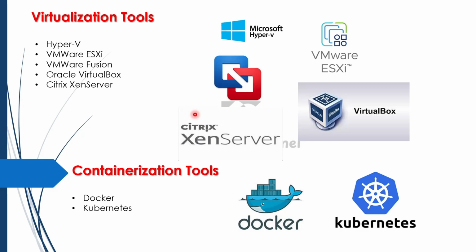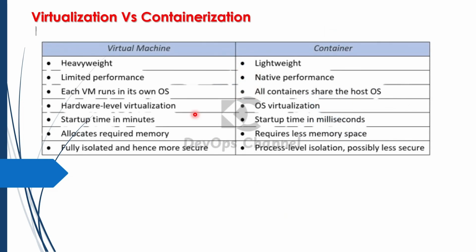Okay. Now, if you talk about the main differences between virtualization and containerization, they are the most asked questions in DevOps interviews. The first point: as they are using an ISO image, and you might have also seen while starting your host OS, it takes some time, right? So they are very heavyweight.